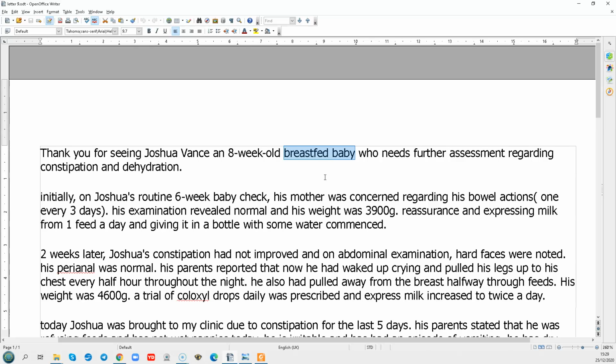The only reason that you usually put name, age, and occupation, as we might say, is usually for adults. When you're talking about adults, Mr. Kevin Dean, a 36-year-old English teacher, or something such as that. You do name, age, occupation. We know that he's a baby because he's 8 weeks old. We don't need to know that he's breastfed right in the opening.